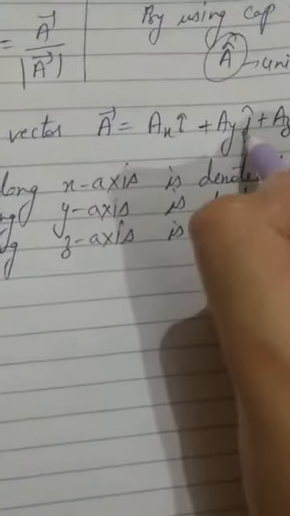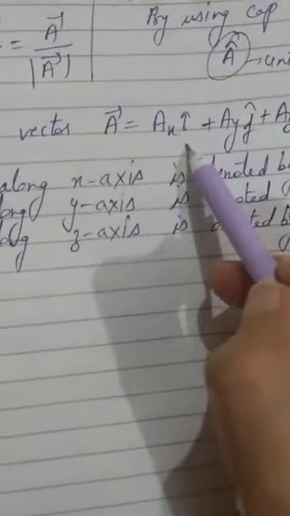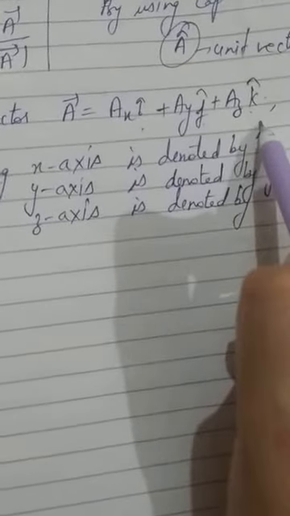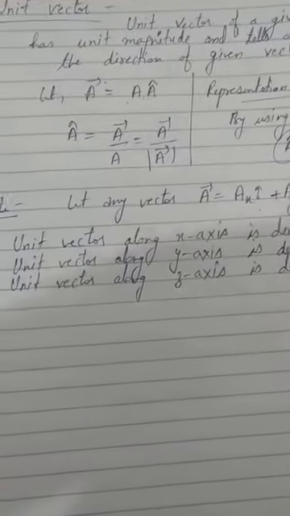If any equation is given with i, j, k, three terms, that means i is acting along x axis, j is acting along y axis, and k unit vector is acting along z axis. These are the unit vector terms. Clear now?